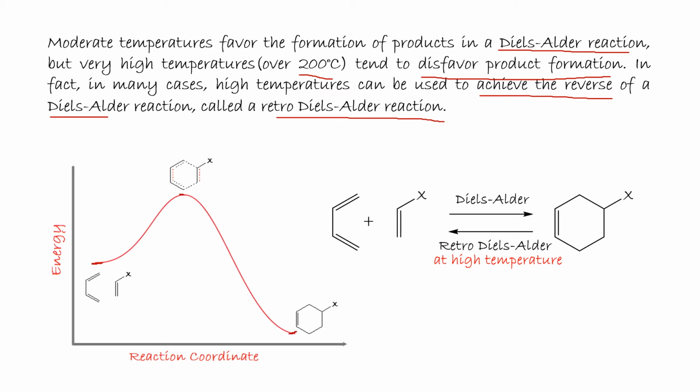If we have high temperature, then the reaction will go in the other direction, forming once again the starting material. So diene, dienophile, Diels-Alder. The other way around, from cyclohexene, at high temperature, we go to retro Diels-Alder reaction, and we get from cyclohexene, alkene, and diene.